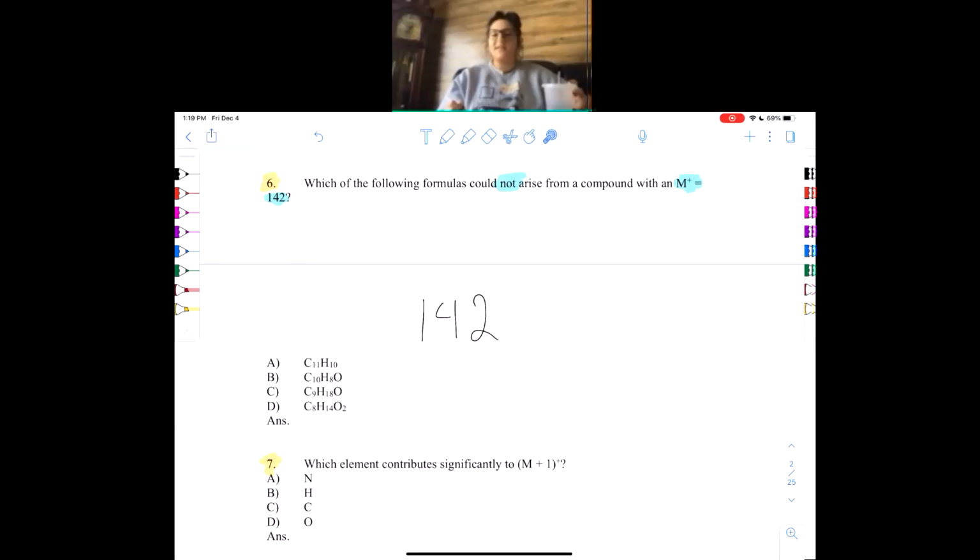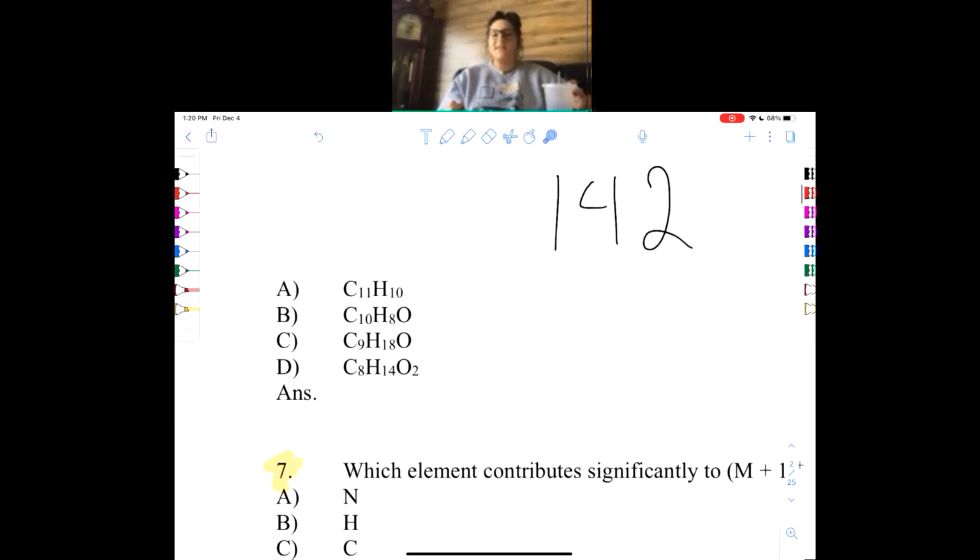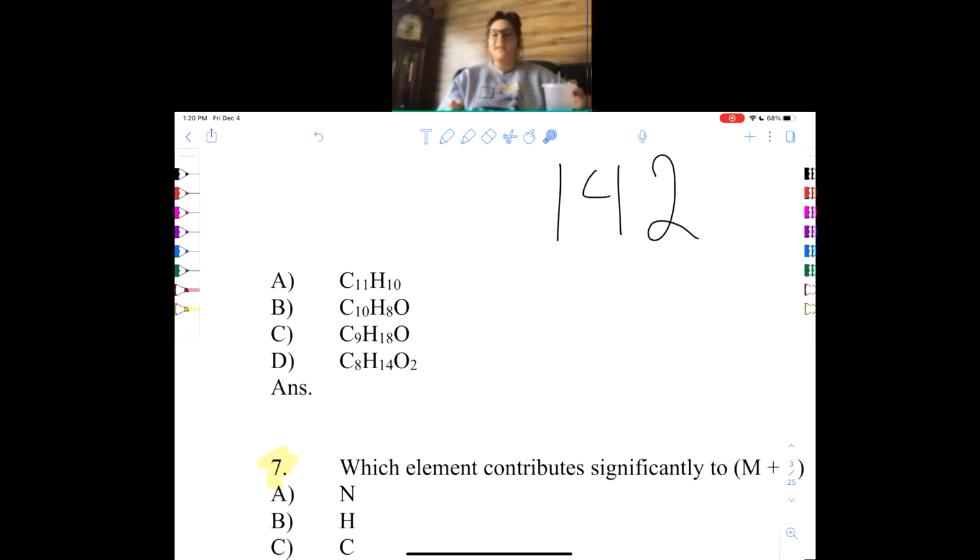And so if we had an odd number, we know that there's an odd number of nitrogens. But as someone else pointed out, we don't have nitrogens. So we're only going by our molecular weight. So we're going to go through each of these and count the molecular mass of each of these compounds.